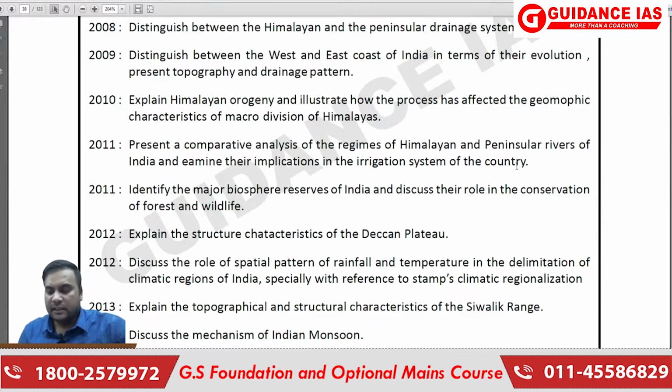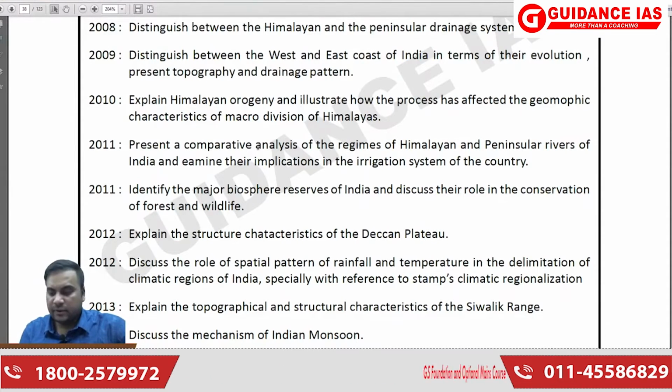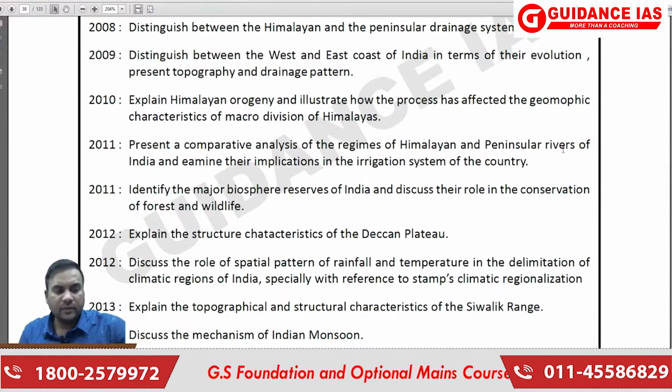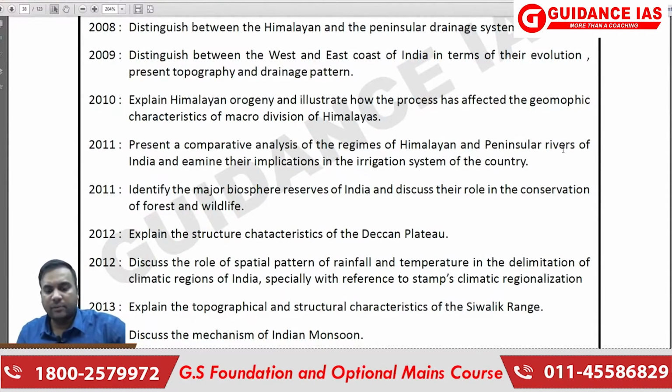What they had done, they just saw comparative and here Himalayan and peninsular river. Can you see here? Is it visible to you? Tell me.